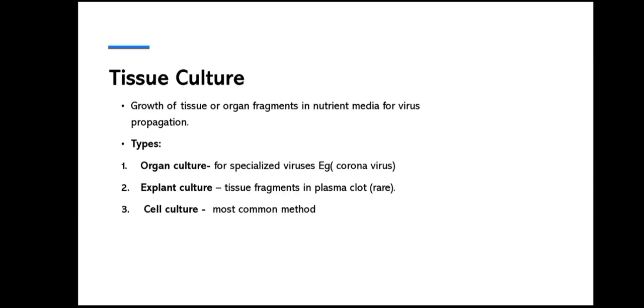In explant culture, a small piece of tissue, called an explant, is taken from an animal and put into a nutrient medium to let the cells grow outside the body. Then we inoculate virus into it. Now it is rarely used. The most common method, which we are going to discuss, is cell culture.